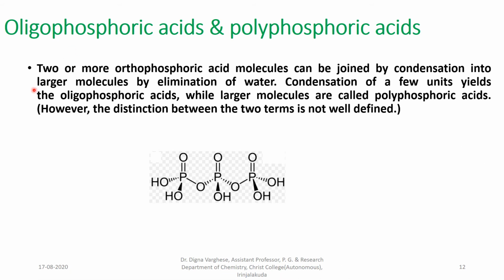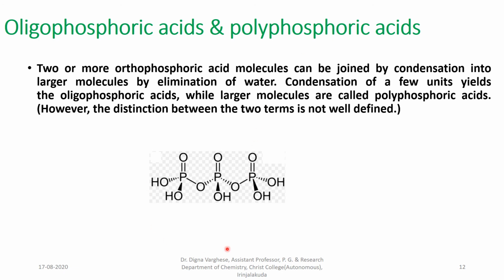Two or more orthophosphoric acid molecules can be joined by condensation into larger molecules by the elimination of water. Condensation of a few units yields oligophosphoric acids, while larger molecules are known as polyphosphoric acids. However, the distinction between the two terms is not well defined.